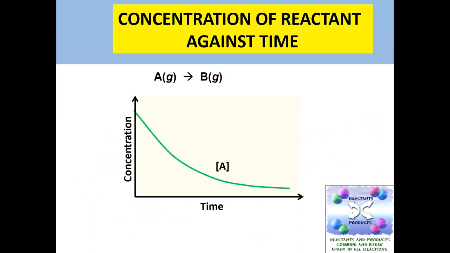Okay, this is the graph. When we plot the graph of concentration versus time for the reactant, the graph will decrease with time, so the graph will be like this.